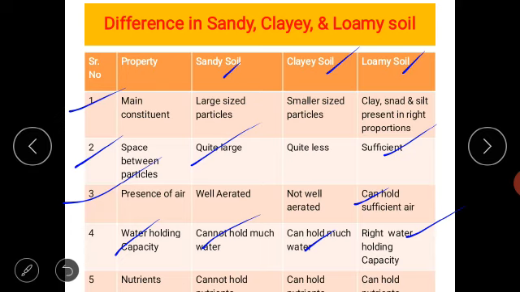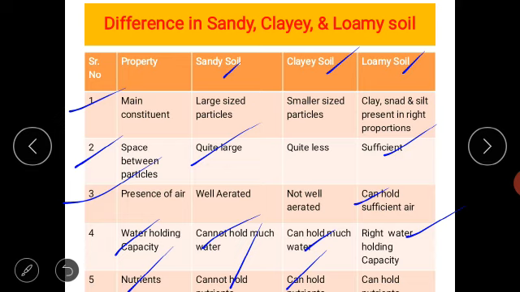Then nutrients, the fifth property. Sandy soil cannot hold any nutrients because of the large space size. Clay soil can hold nutrients because it has very small particle size and less space between the particles, and whatever humus is formed gets mixed with the clay soil, so it can hold a large amount of nutrients.